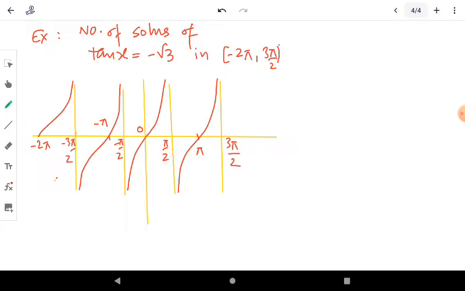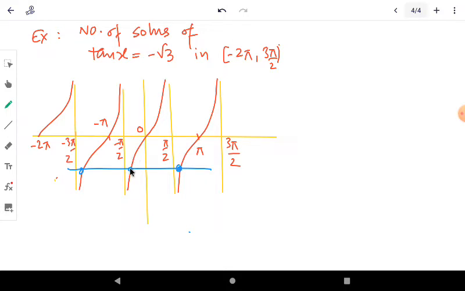Now tan x equals minus root 3. We have to draw the line y equals minus root 3. So as you can see, the number of intersection points is this. Now minus root 3 is a known value, so we can find the value of the angle also.